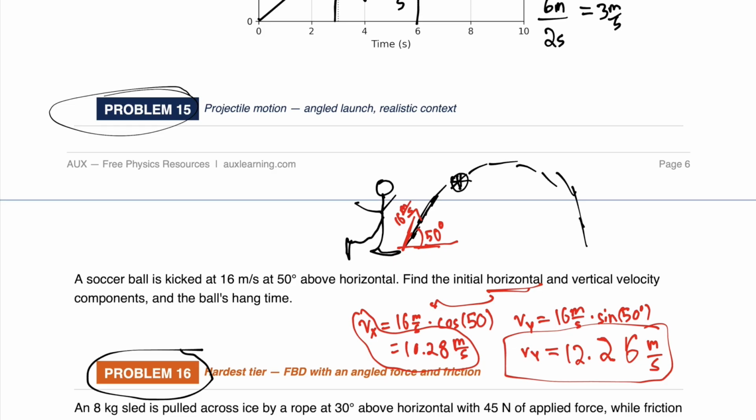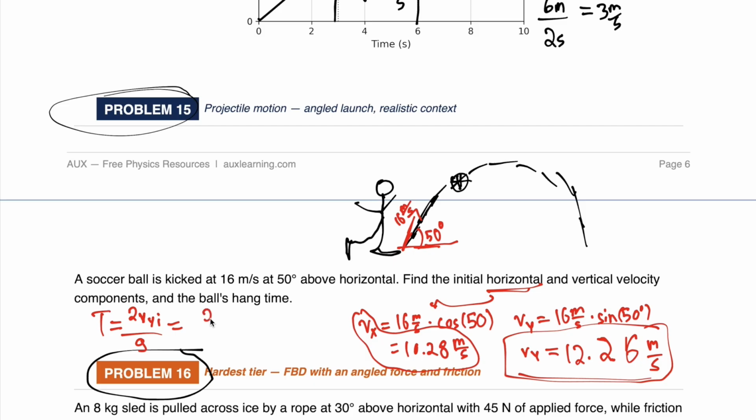Okay, and then you want to find the hang time. If you remember the formula for time, it's 2 v_y initial over g. What is v_y initial? Over here you can see that's 12.26 meters per second.